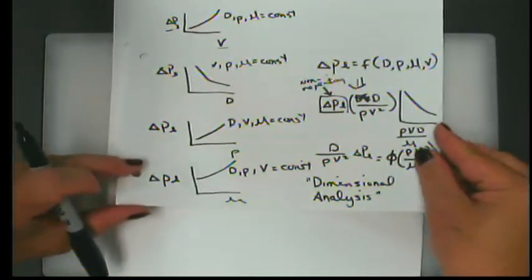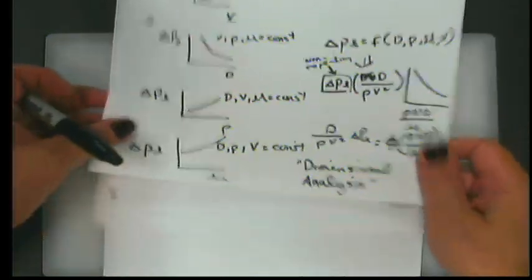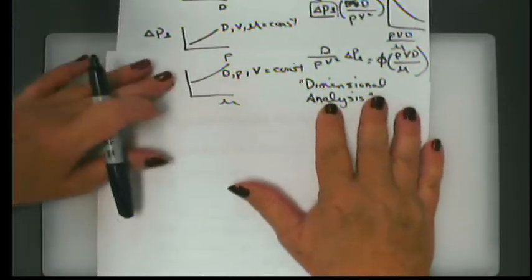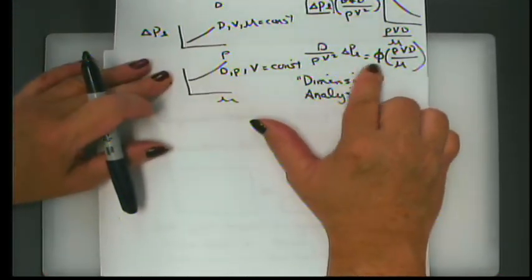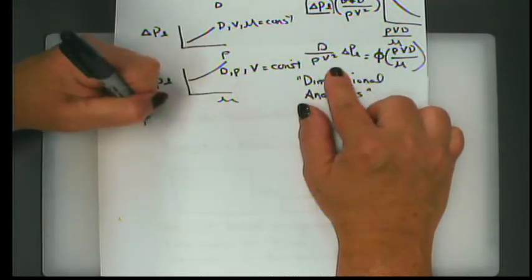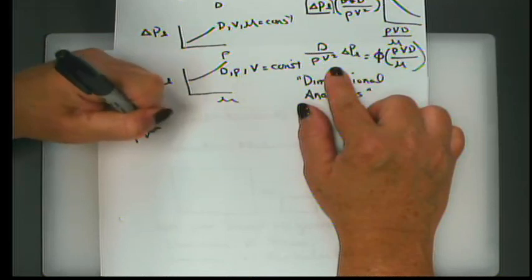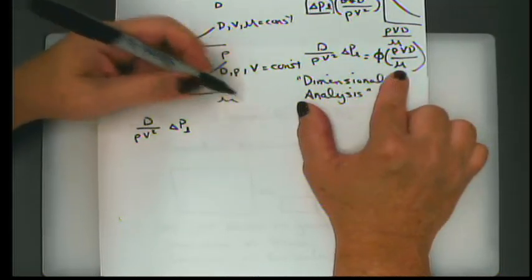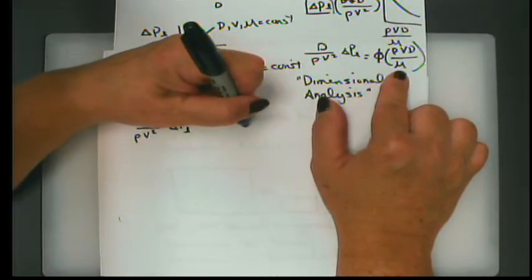So if you look at these terms that we've written up here, something that you may not see right away, but let's write out the first term, D over rho V squared times delta P sub L.